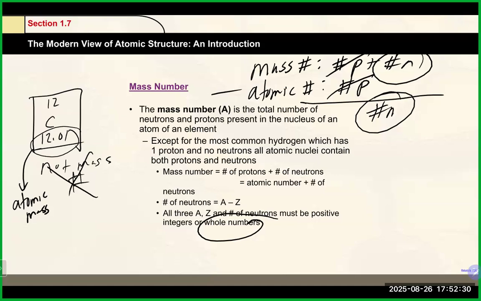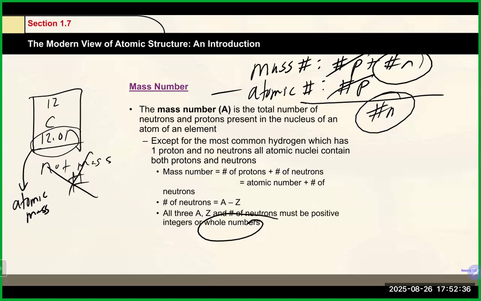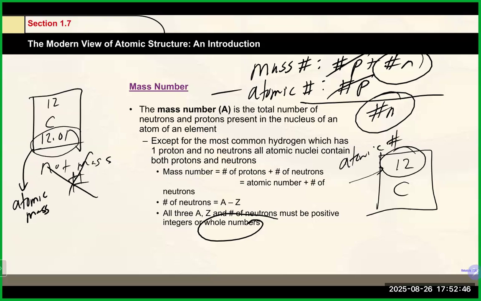You will also notice, and maybe we should go back and take a look at the atomic number. The atomic number, which is the top number, right? If we look at the periodic table at that top number, none of them repeat. None of the atomic numbers repeat on the periodic table. Every element has its own unique atomic number, which is really important because that should tell you that out of protons, electrons, and neutrons, which one is the most important to know in terms of what element it's going to be.